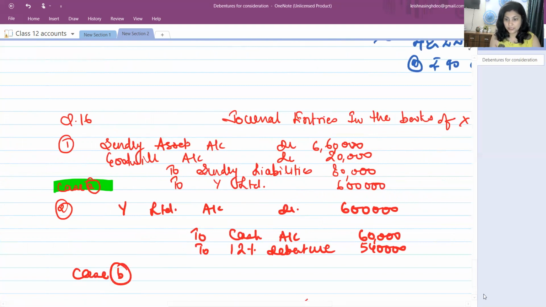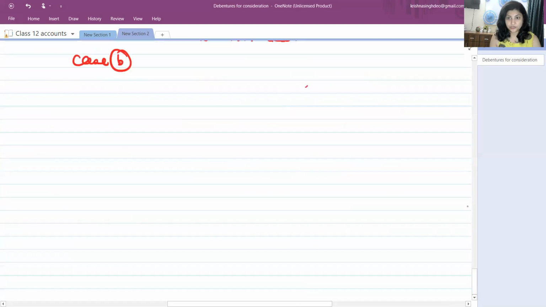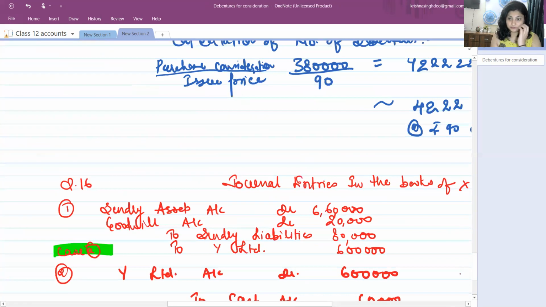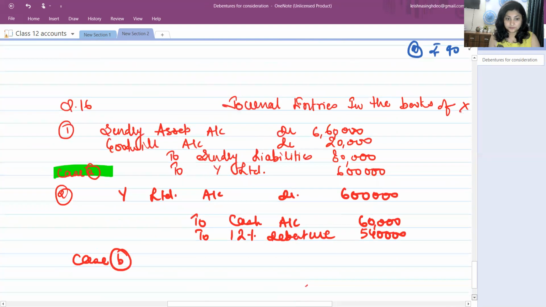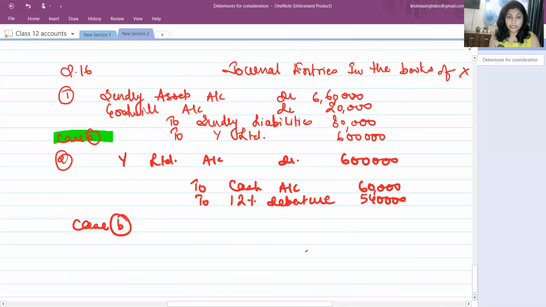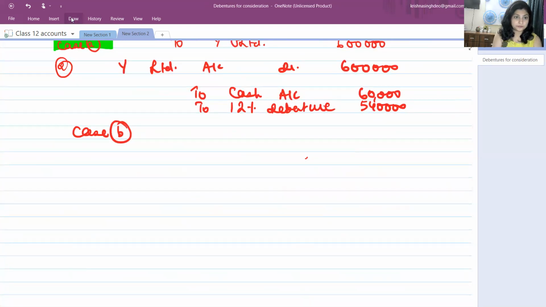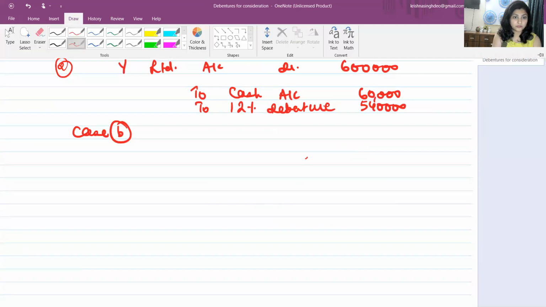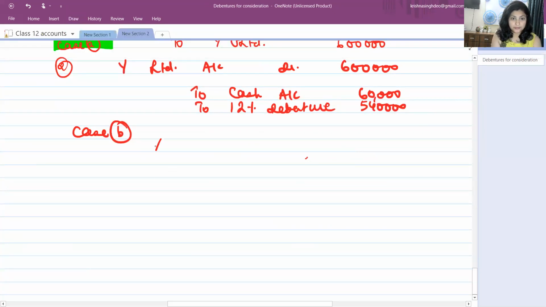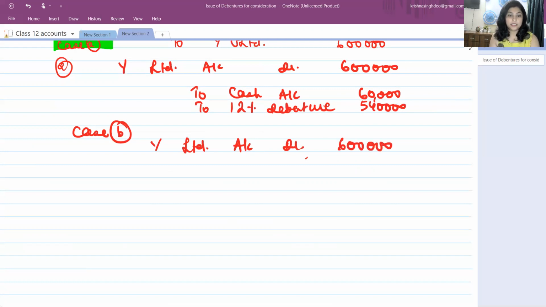In case B, the company had issued debentures for this. So the company had issued debentures to the vendor, Y Limited. Y Limited account will be debited obviously with the purchase consideration, which is 6 lakh rupees. And this time in case B, we had issued them debentures at a premium.